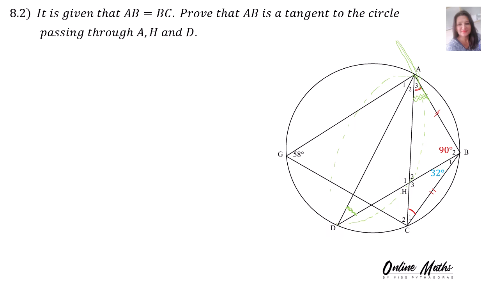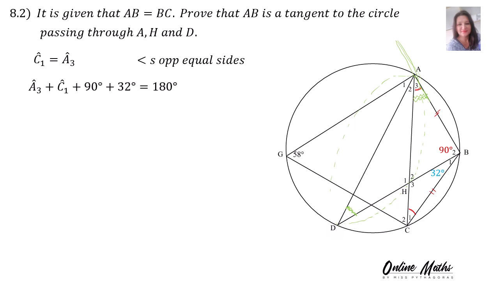Now, let's see. We can start by saying that C1 is equal to A3. We know that since it was given that AB and BC are equal, and then the appropriate reason is angles opposite equal sides.